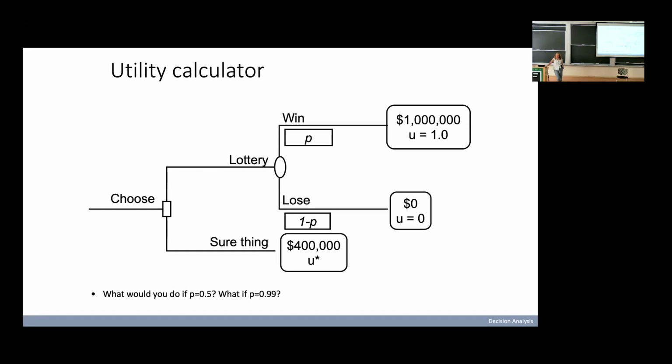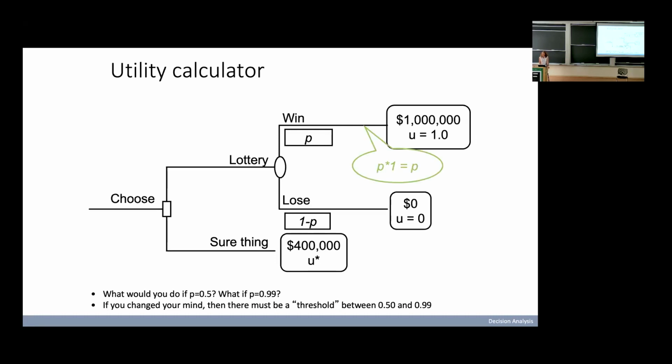I don't even need to ask who will take the sure thing, because, oh, there were still people, okay. But the majority was very clearly now doing the lottery. So something switched in your mind, right? So if you changed your mind, there must be a threshold between those two values. And that threshold is what your utility is going to be.